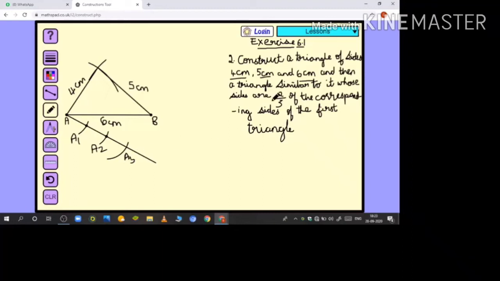Since they have asked 2/3 of the corresponding sides, the denominator is 3, so we have cut 3 arcs.